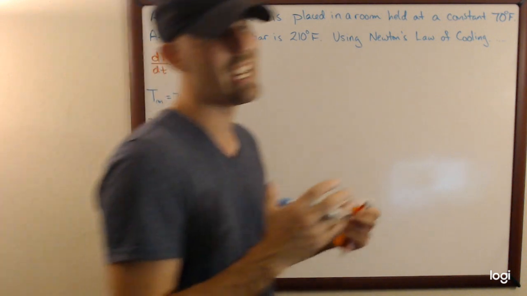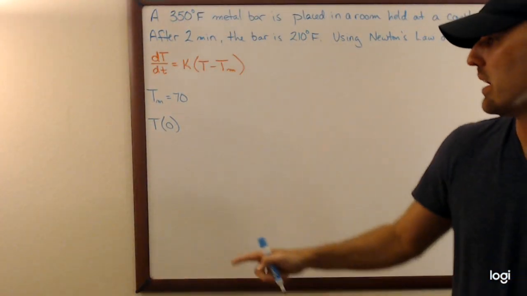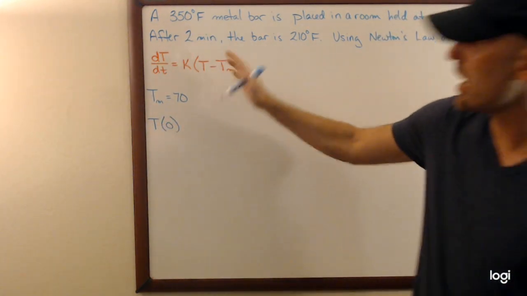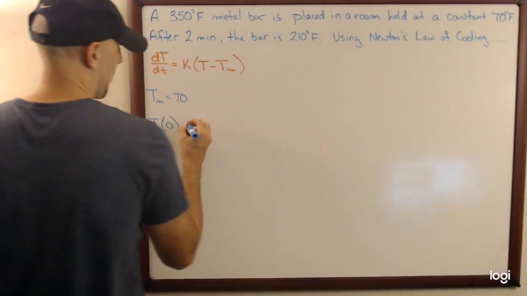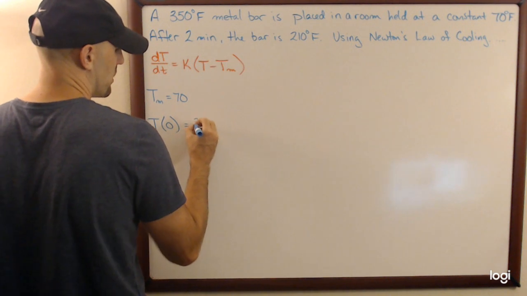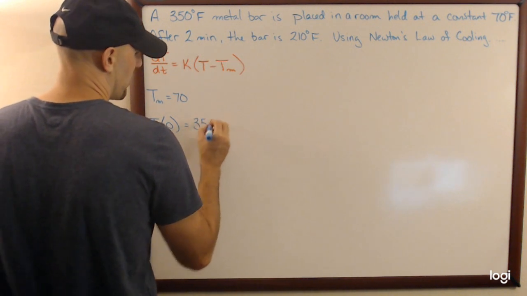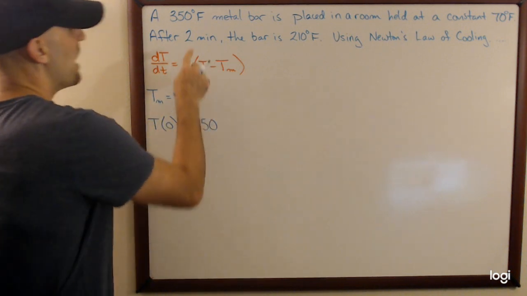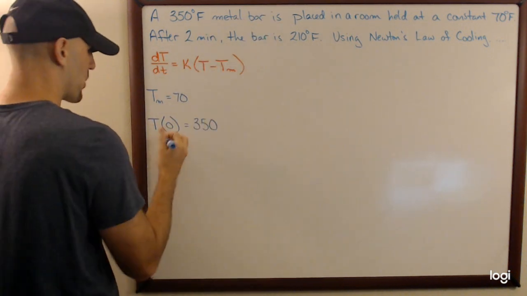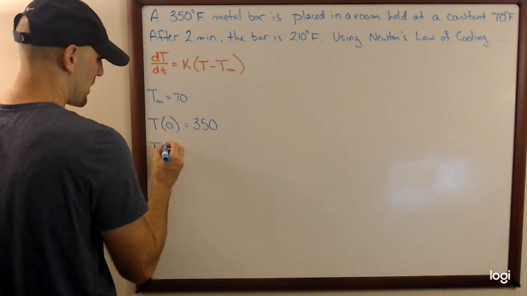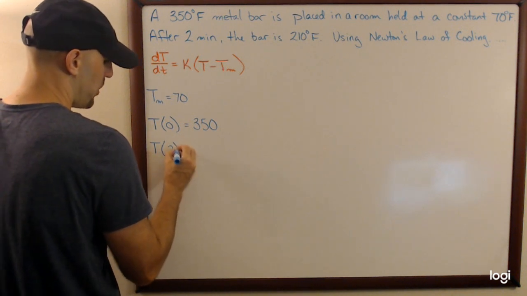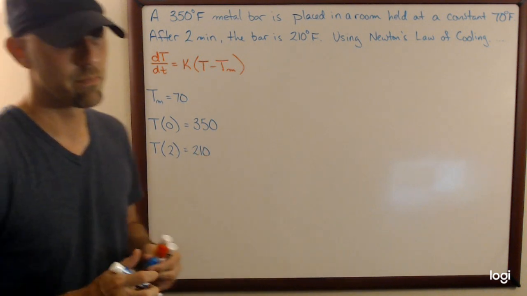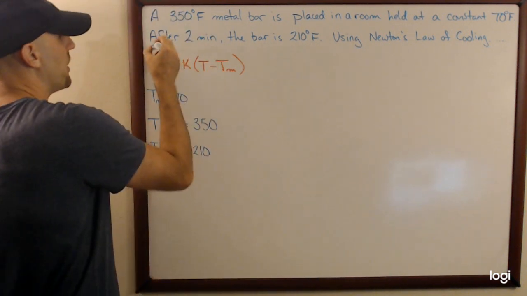So T of t is temperature as a function of little t, time, and at time 0, I know this temperature is 350 degrees. Using that same logic, it says after 2 minutes the bar is 210 degrees. So T of 2 has got to be 210. These are all the things that I know.